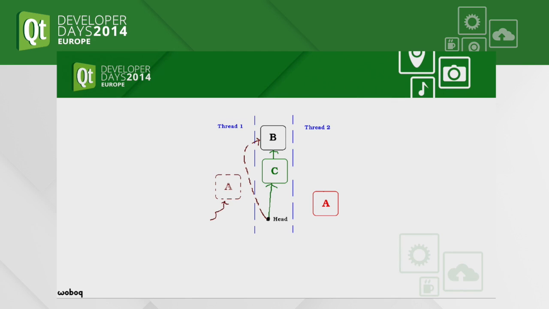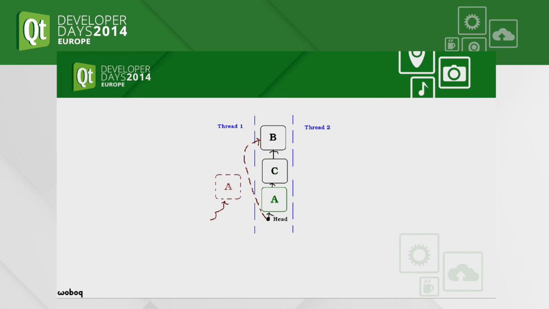But thread 2 hasn't finished running, so maybe what will happen is that thread 2 destroys the nodes, takes A back and puts A back on the list, or back on the stack.